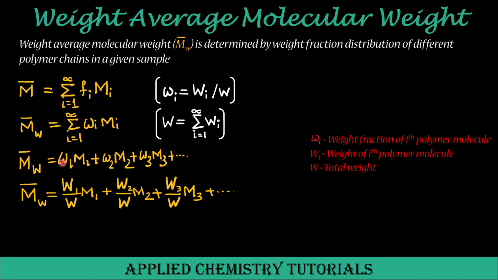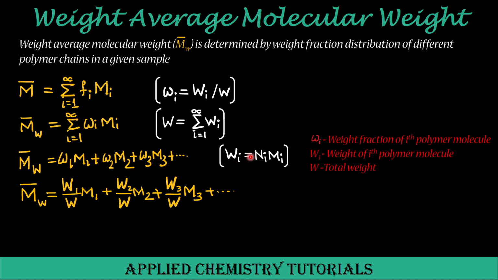We can rewrite this equation by substituting small wi's with this expression and write it as Mw bar equals capital W1 over capital W multiplied by M1 plus W2 over W multiplied by M2 plus W3 over W multiplied by M3 and so on.